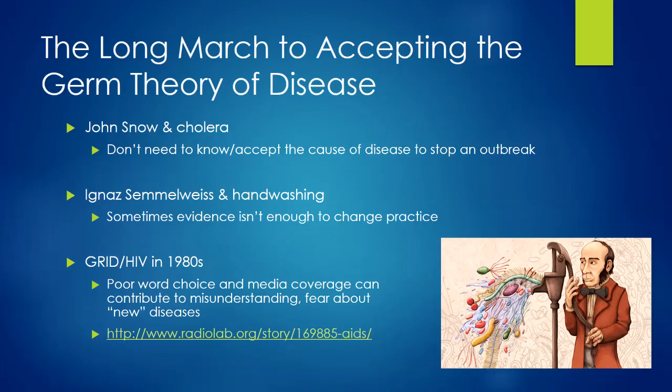Ignaz Semmelweis was working around the same time as John Snow in the early to mid-19th century, and he demonstrated nicely that hand washing could actually prevent the spread of disease, even though it wasn't exactly clear what the disease was.